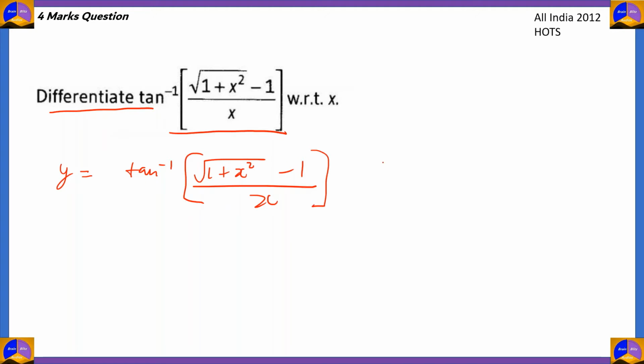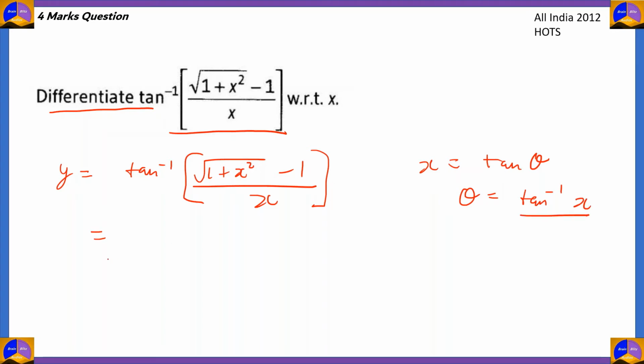But how do we simplify further? For that, we take x equal to tan theta. When we take x is equal to tan theta, we should know that theta will be equal to tan inverse x. This will be useful at a later stage.